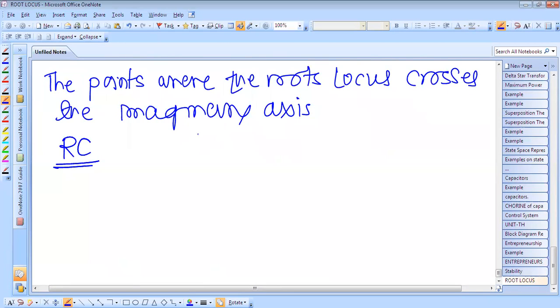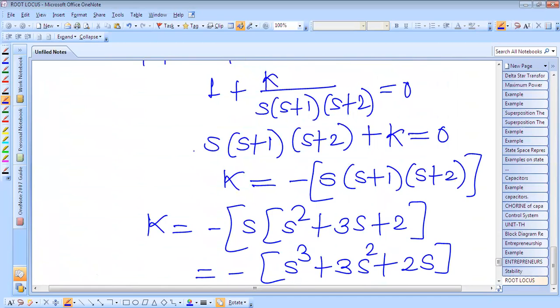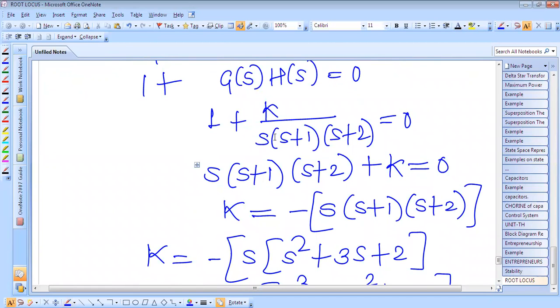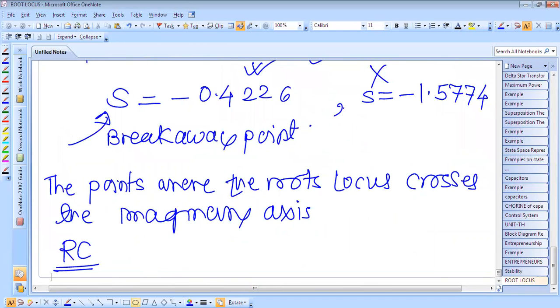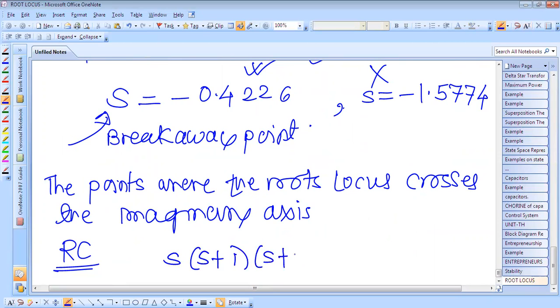We have the characteristic equation with us. This is your characteristic equation: S into S plus 1, S plus 2, plus K is equal to 0.